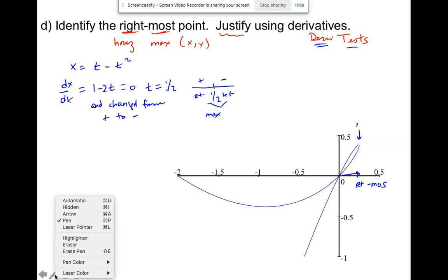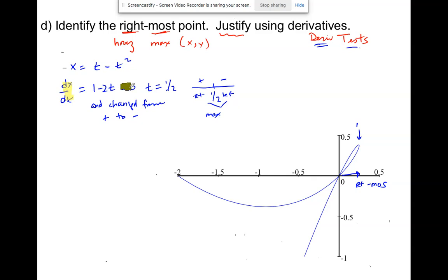That's where I'm going to get rubric points for that. Therefore, the max, or the furthermost right, I'm done, right? I can go on. I did the horizontal, verified that it was a max, did the derivative test and justified.